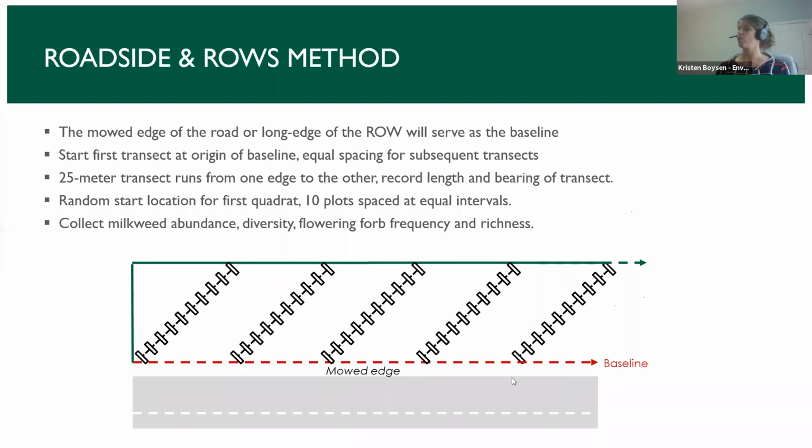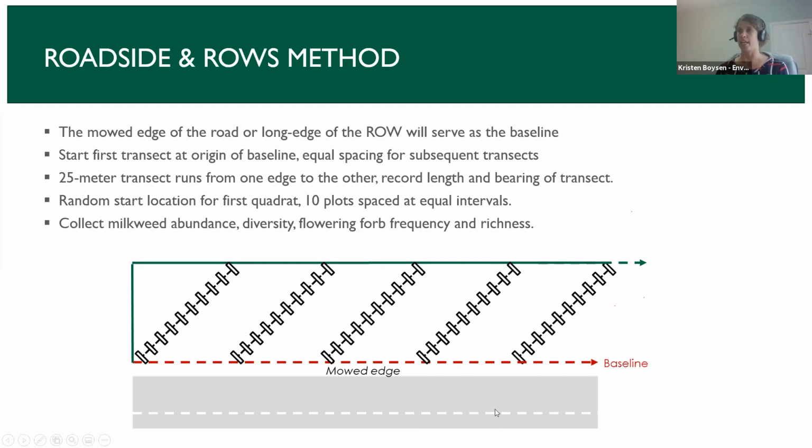So in our little graphic here, this is the road strip down here. For safety and access, the side of the road is often mowed. And then you have your habitat patch. So this mowed edge will serve as the baseline.